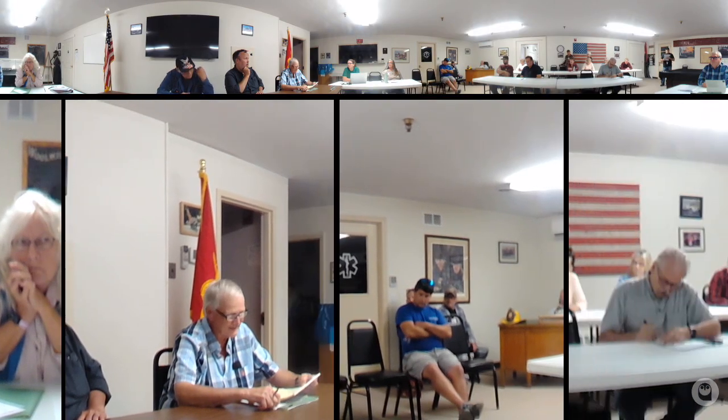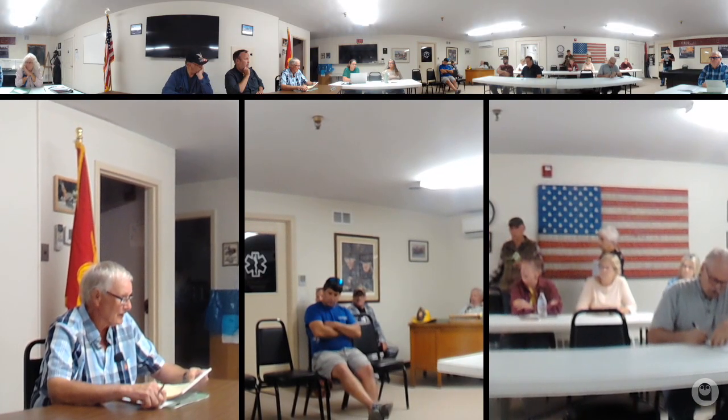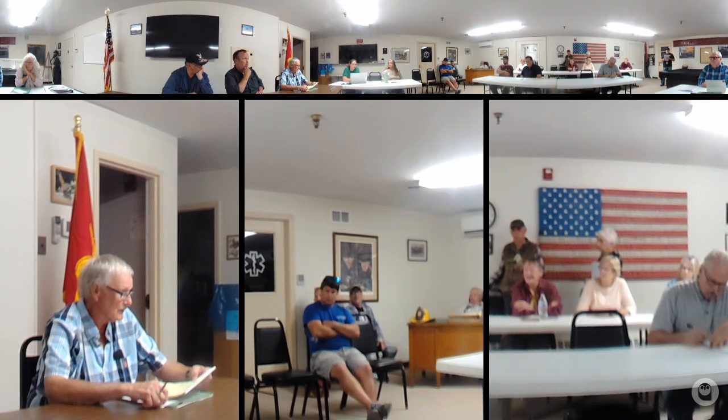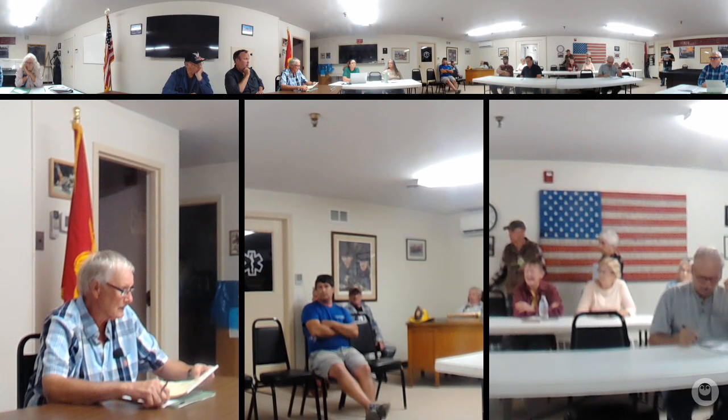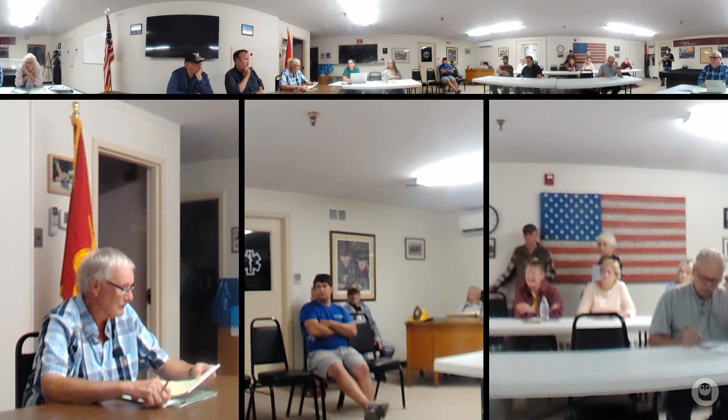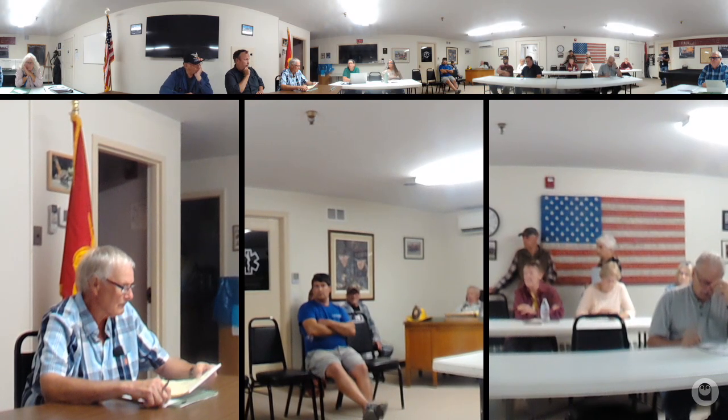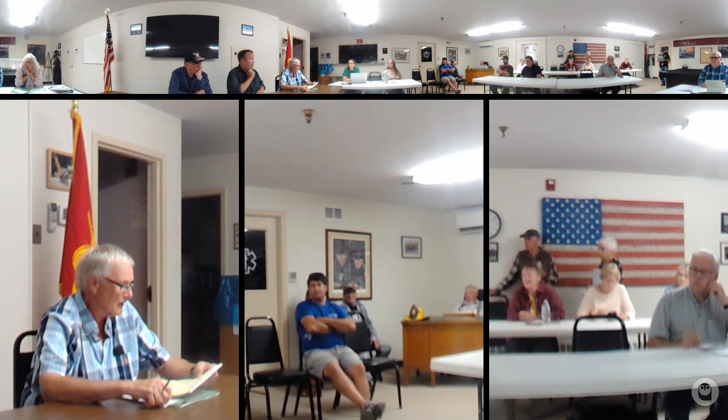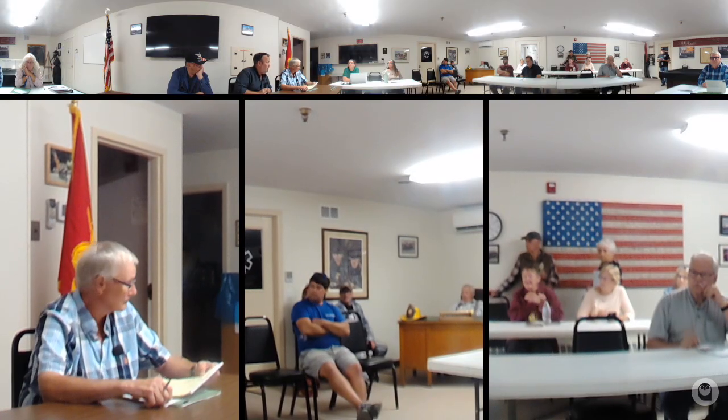For some reason, the new reevaluation has our property just under $500,000. How many acres? We have about 27 acres. That's why. Now, that land is all backland, it's all swamp and it's in the watershed. I can't do anything on that land without jumping through a million hoops. So, I mean, it's worth nothing except for the wood that's on it.